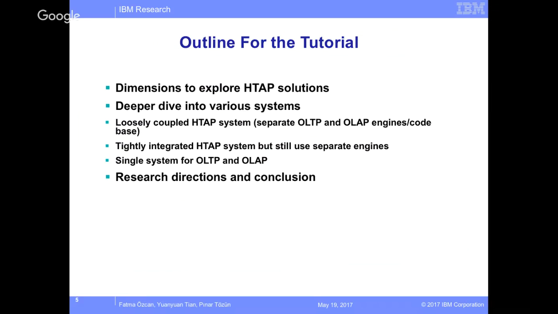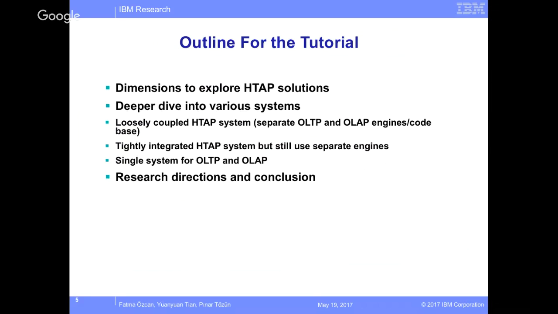We would like to start by looking into the architectural decision space and explore a couple of dimensions of how these solutions differ. And then we are going to have a deeper dive into a select set of systems. I'm saying select because, given the 1.5-hour tutorial, we are not going to be able to cover everything. This is also going to be a snapshot of the state of the world as we know it today.